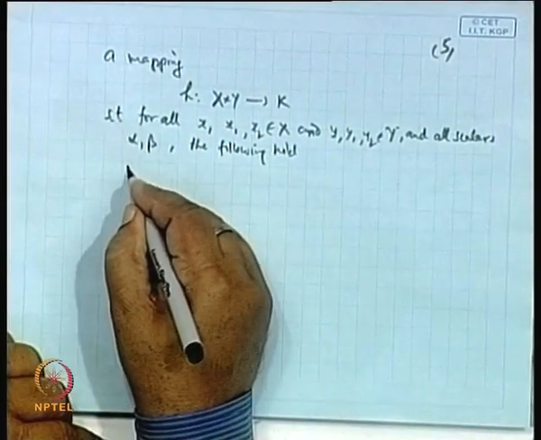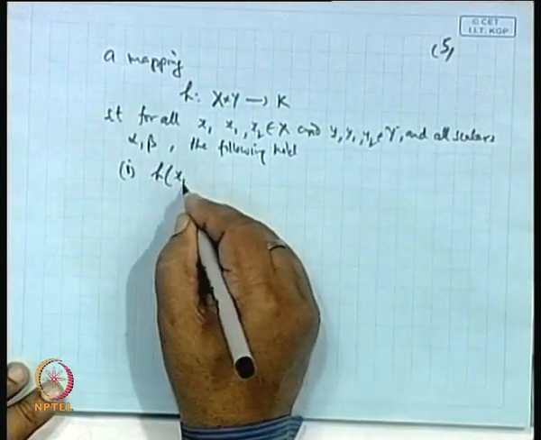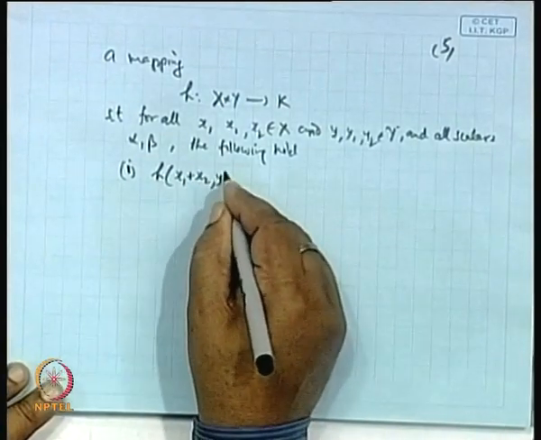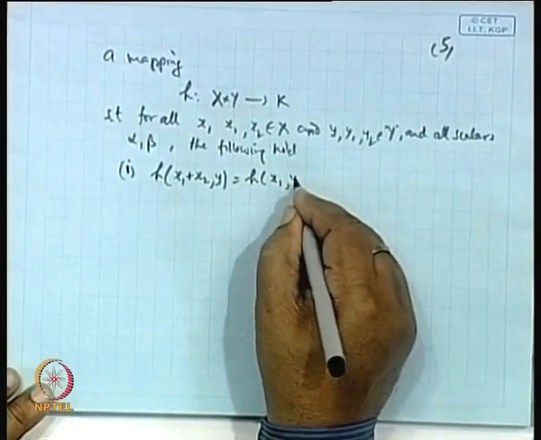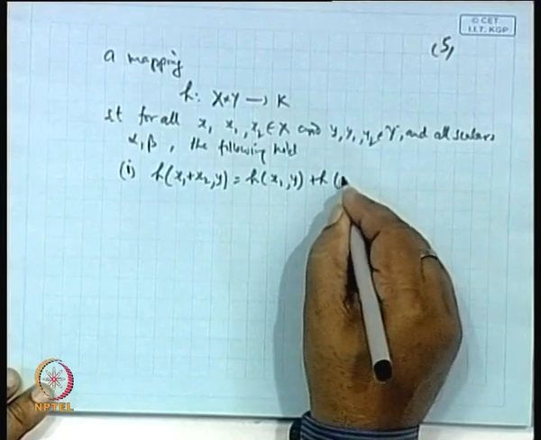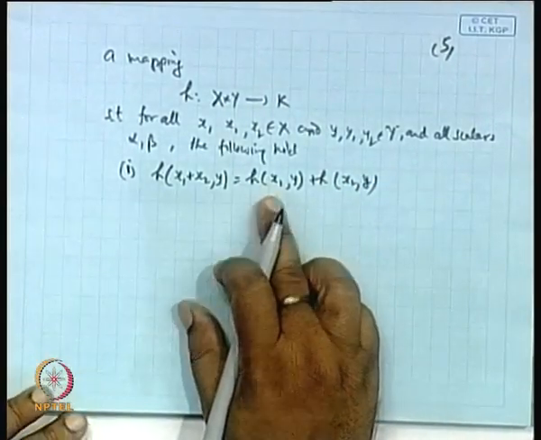First is H of x1 plus x2 comma y equal to H of x1 comma y plus H of x2 comma y. That is linear with respect to the first coordinate.